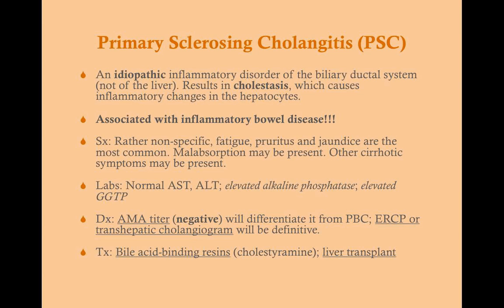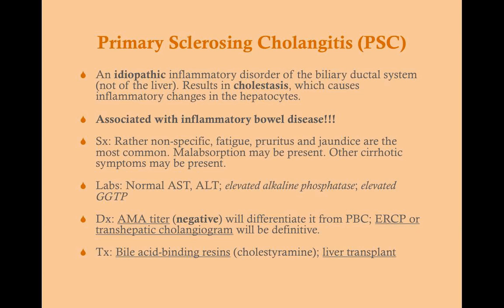And in primary biliary cirrhosis, that's autoimmune. Primary sclerosing cholangitis is not autoimmune. So when you get your AMA titer, your anti-mitochondrial antibody titer, that's going to be negative because this is not an autoimmune disorder. It is inflammatory, but it is not autoimmune.